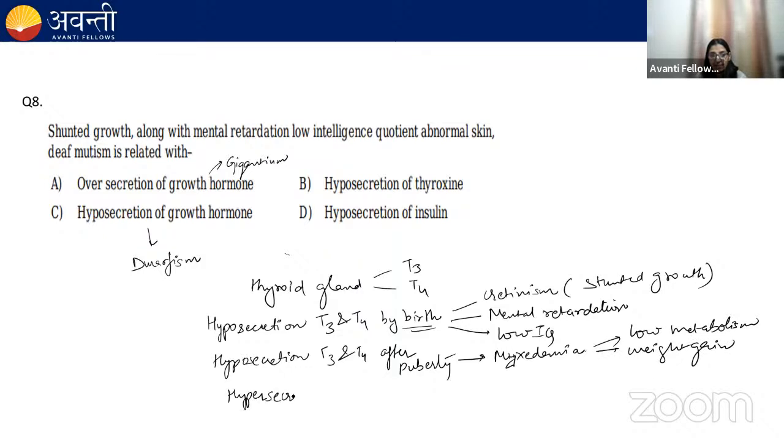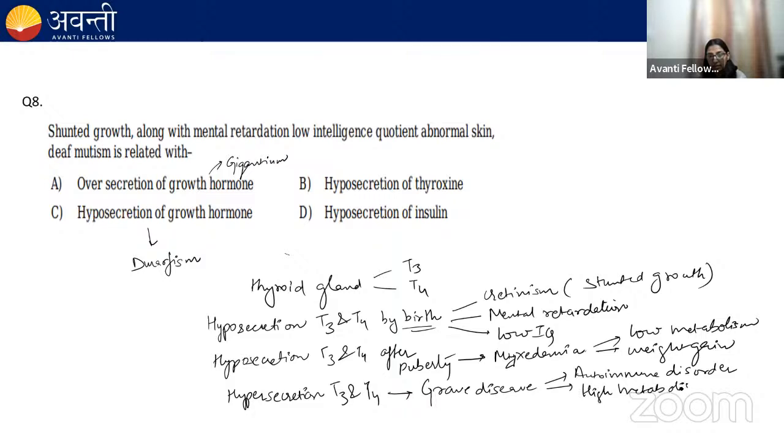If there's a hypersecretion of T3 and T4, it will lead to Graves' disease, which is an autoimmune disorder. It will lead to high metabolism and weight loss.